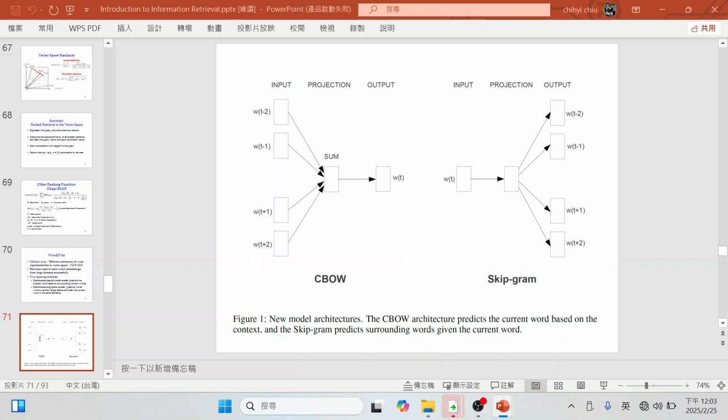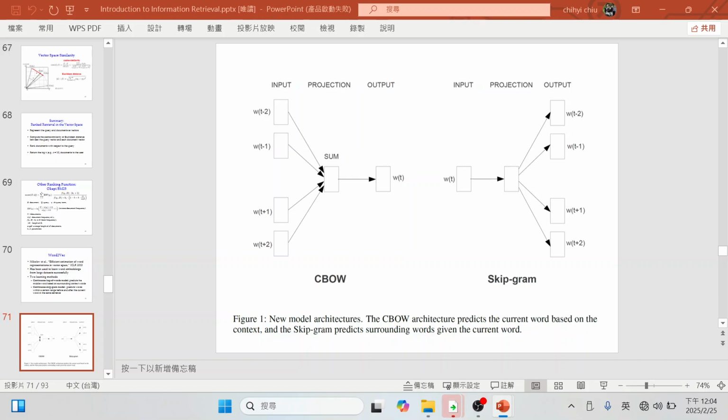So it's called CBOW. I will use the first 2 tokens and the next 2 tokens, use their representations, and sum them together to predict the middle token. So this is the first model, CBOW.